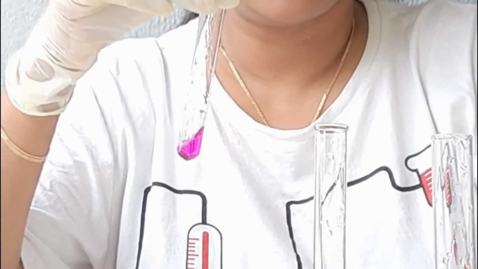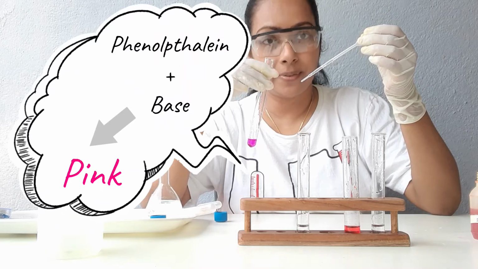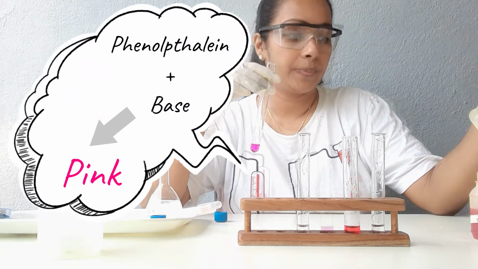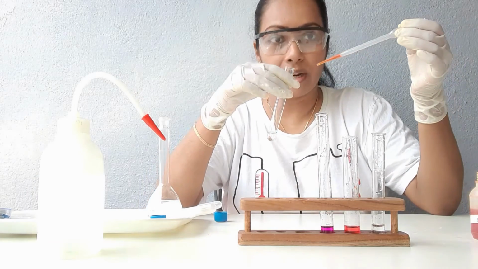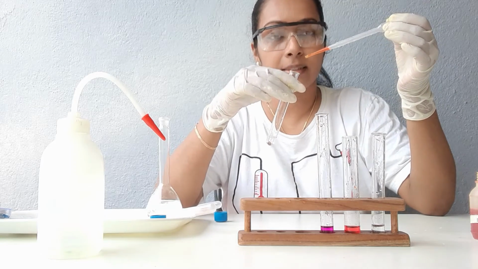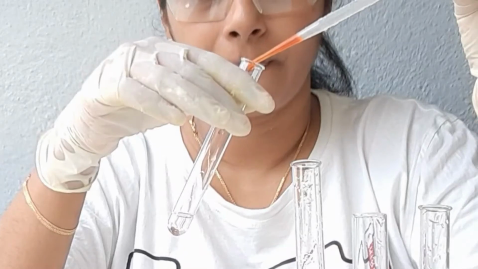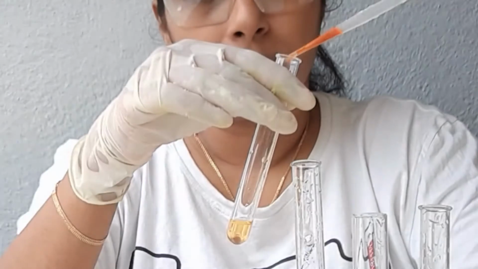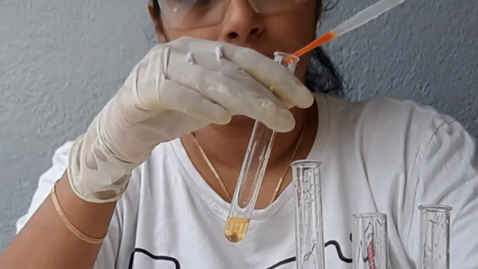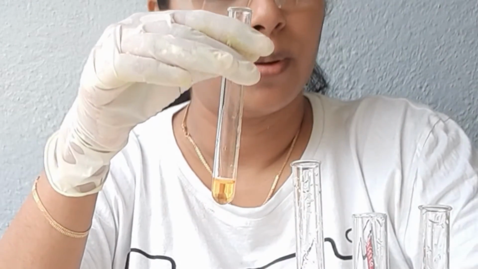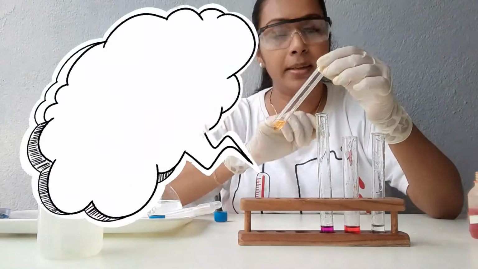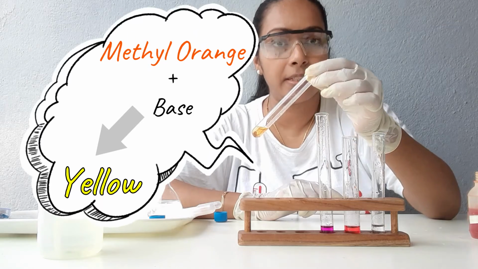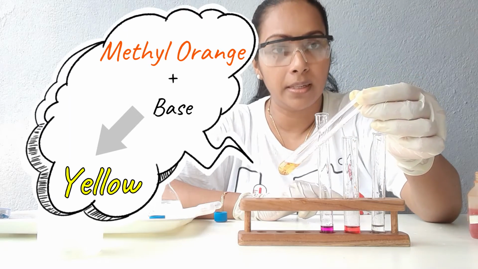With the base, phenolphthalein gives a pink color. Let's add a little bit of methyl orange into a base. With bases, methyl orange gives a yellow color.